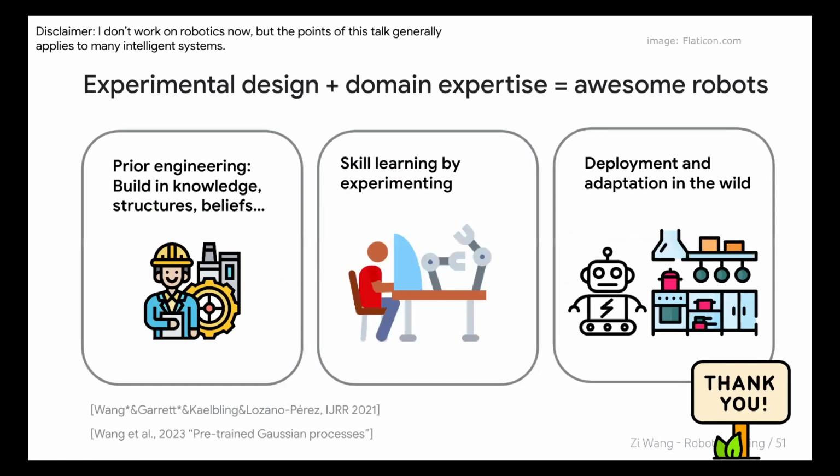And we also talked about how we can build on top of all the priors that we engineered into the robot and do experimental design, combining the knowledge from experimental design as well as the domain expertise. You can think about it as the AI planning algorithm, AI planning language, as well as the structures we build in and the Bayesian beliefs, we can get very awesome robots.